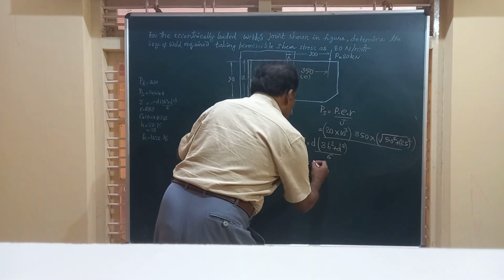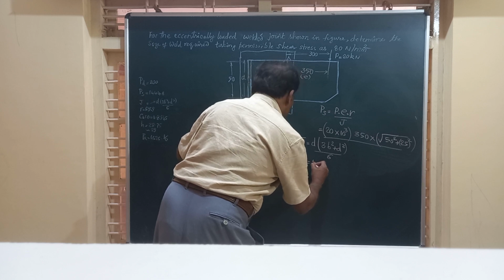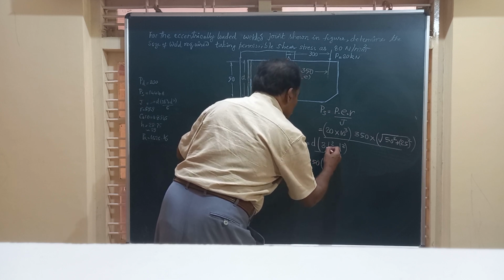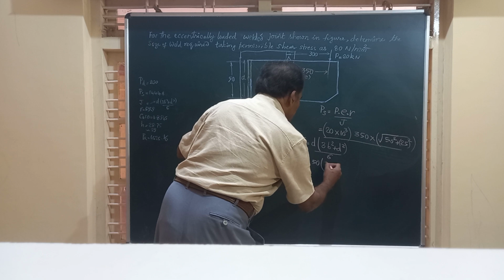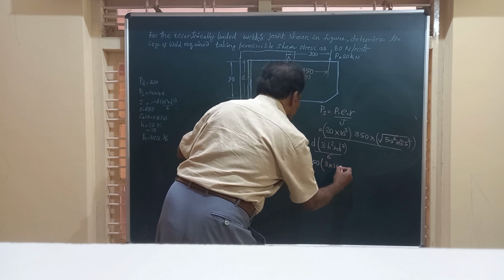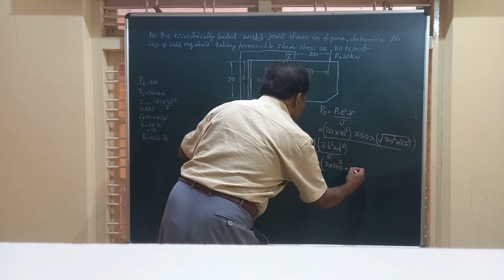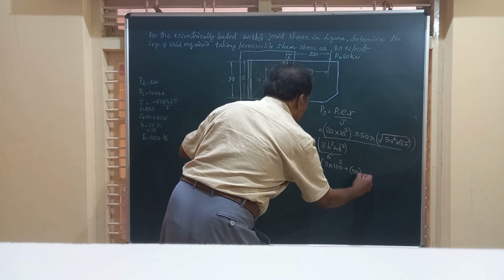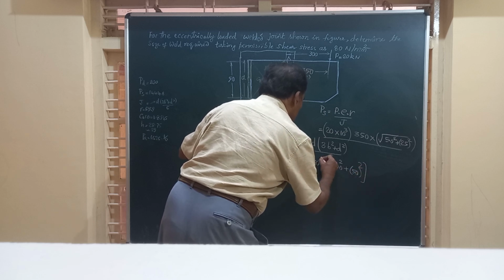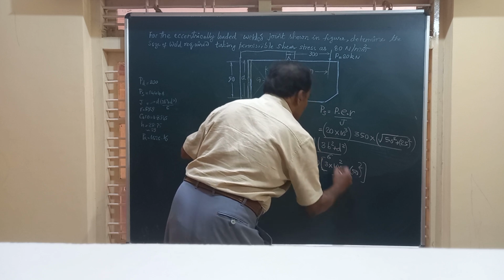So you can know the value because D is given as 50 and this is 3 times B square, 100 square, plus D square, 50 square, divided by 6, you know the value.